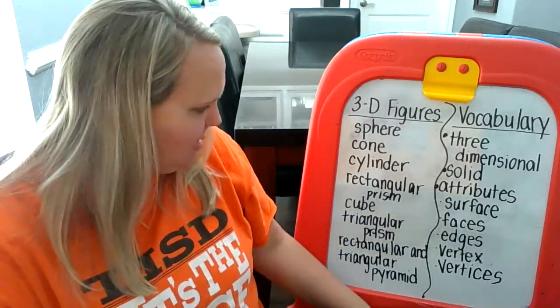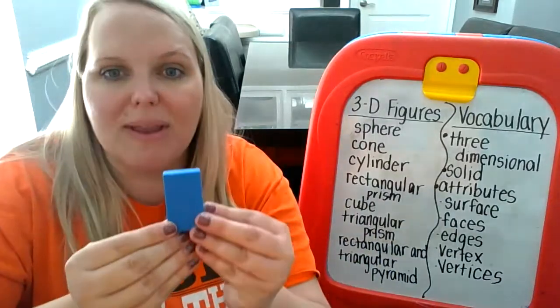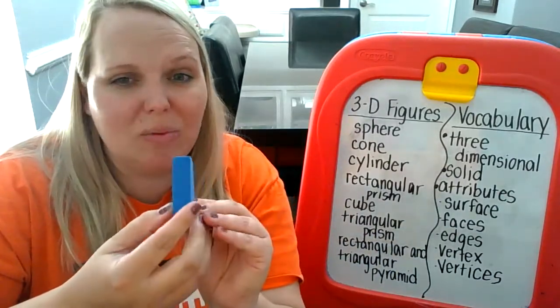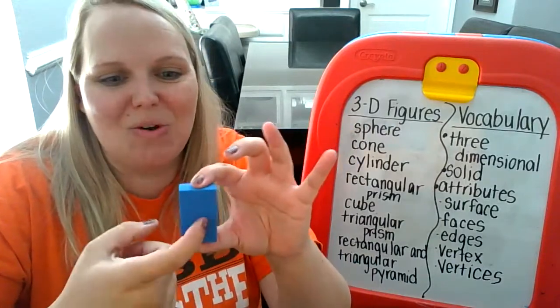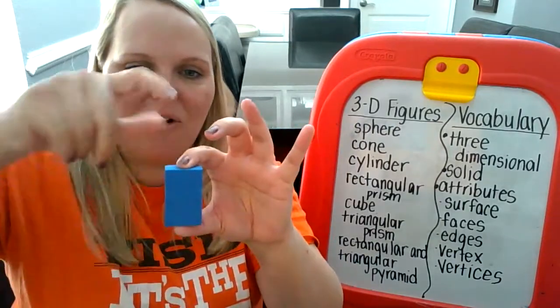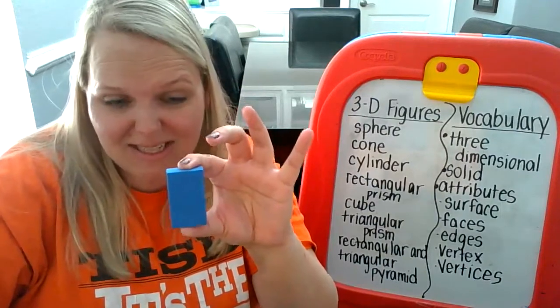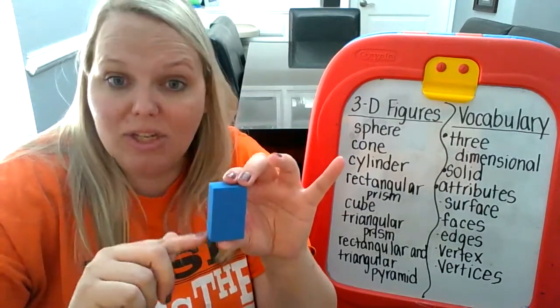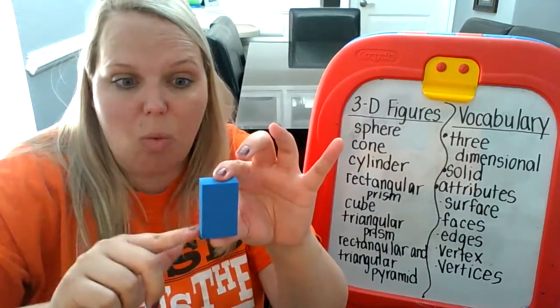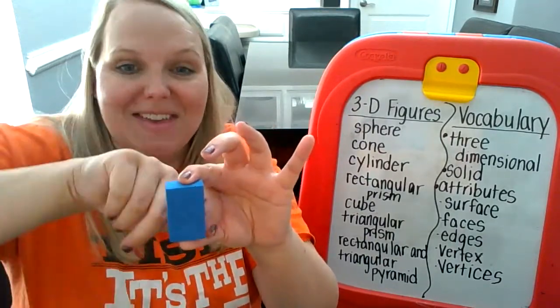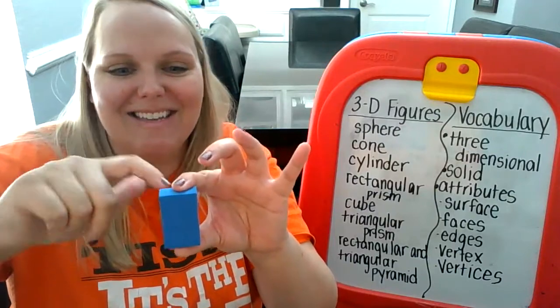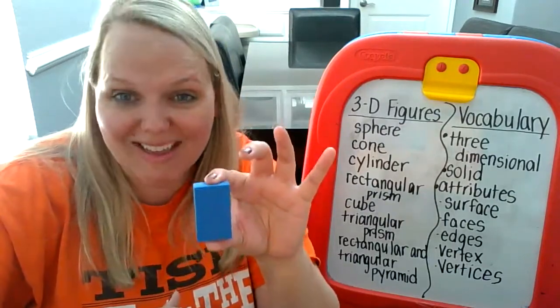All right, our next one is a rectangular prism. A rectangular prism has a lot of faces. It has, let's see, 1, 2, 3, 4, 5, 6 faces. And edges, it has a lot of edges. It has 1, 2, 3, 4, 5, 6, 7, 8, 9, 10, 11, 12 edges.